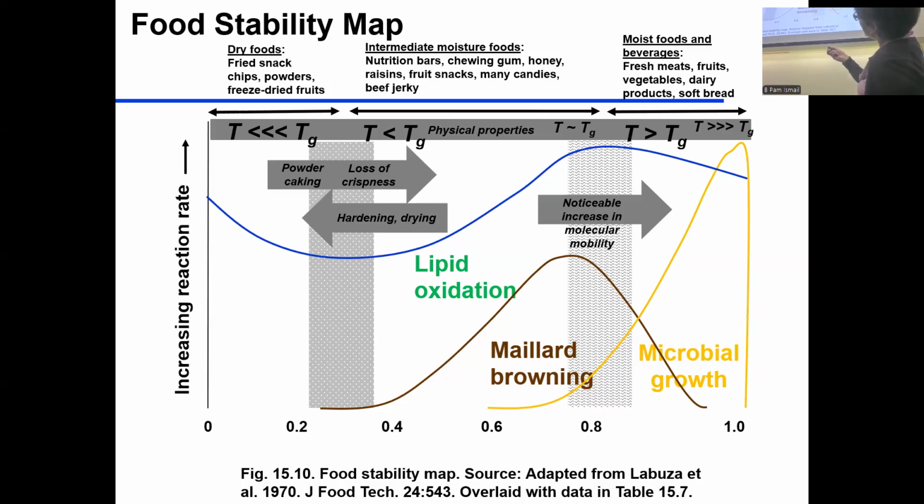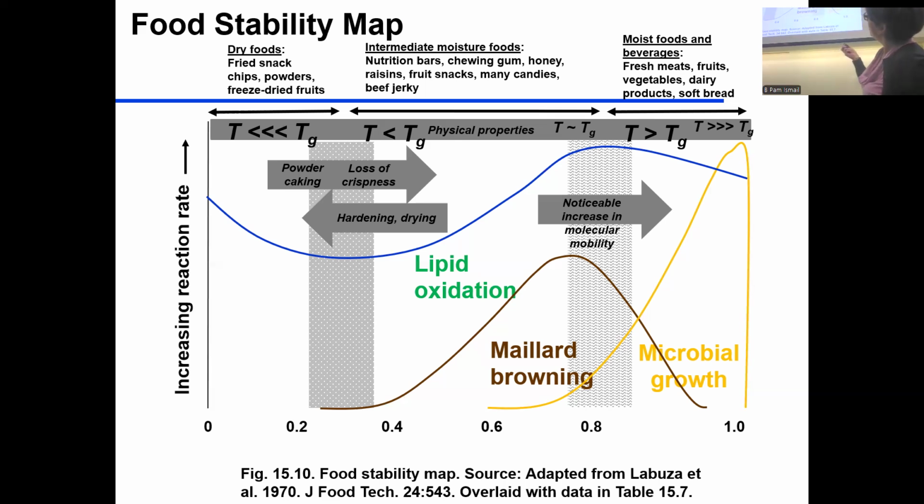And then we have the region for when temperature is way under Tg, the glass transition temperature. So above that temperature, the product goes from glassy to rubbery. That's what the Tg means.